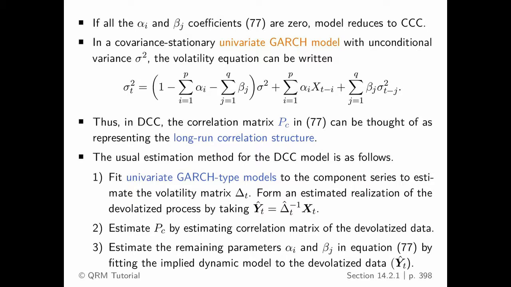So this is for GARCH itself. If we compare that one and that one, you get an idea of what is happening. So you can think of this P_C in DCC as representing the long-run correlation structure.